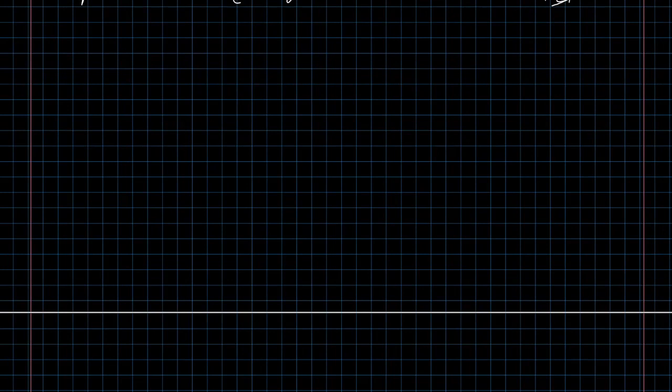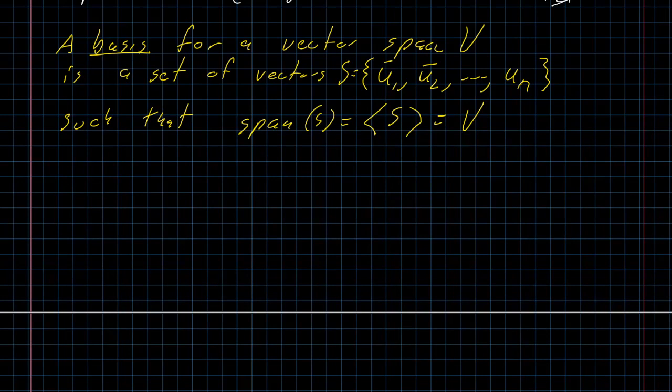There are several things that we did with transformations when we first saw them. One of the most powerful things that we observed is that if we have a basis for a vector space V, a set of vectors S, a subset of V, we'll call the vectors in this case U1, U2, down through to UN, such that span of S, which sometimes you see written literally span of S, sometimes with these angle brackets, but either way, that gets you back to set V. So remember what a span means.